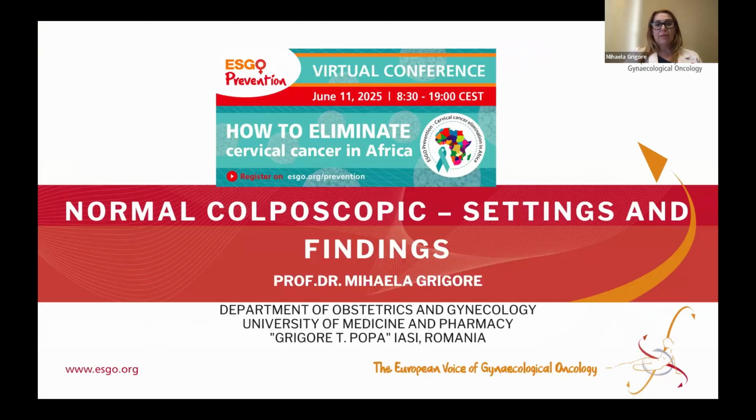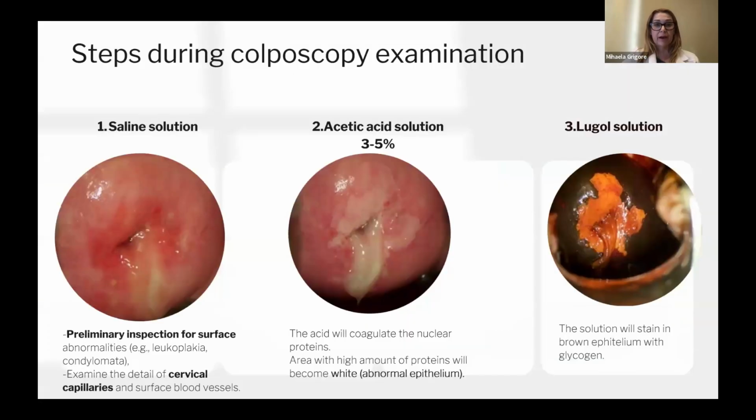I will start this colposcopy session by discussing the normal colposcopic findings. First of all, I would like to remind you that during colposcopy, we have several important steps. These steps are represented first by the saline solution. We apply saline solution in order to inspect the surface, and only with this step we can see some abnormalities.